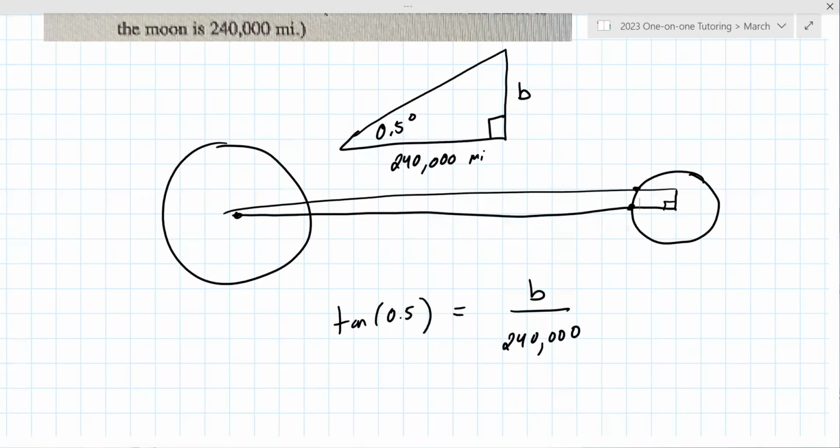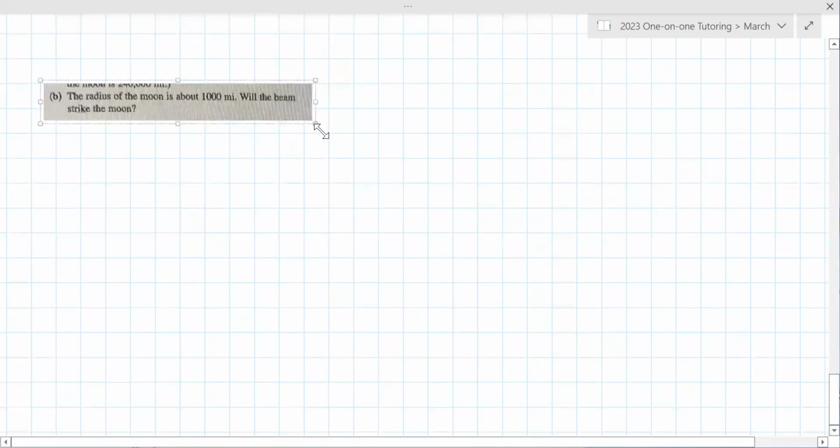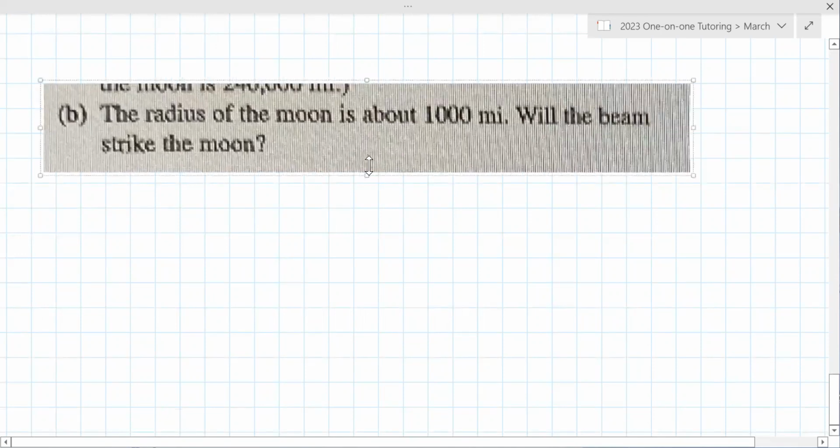Now the question is, is the moon large enough for that to matter? That's where it's going in part B. It's basically asking, would it have still hit the moon?